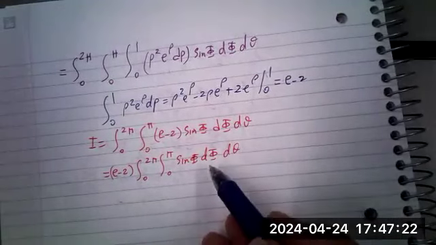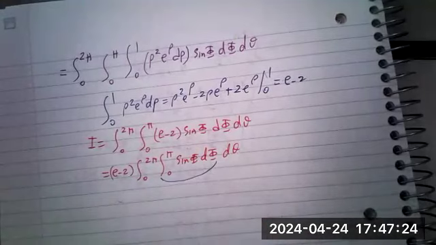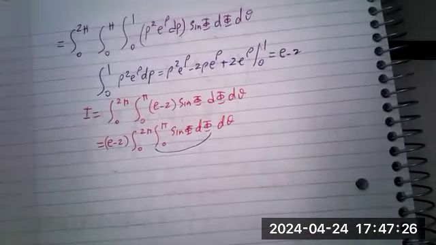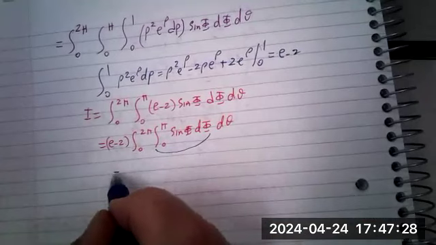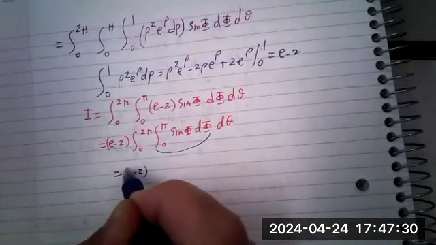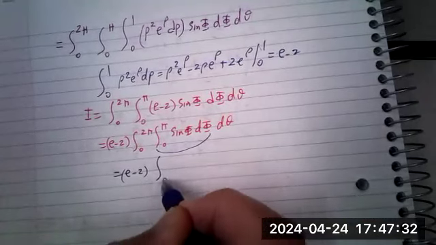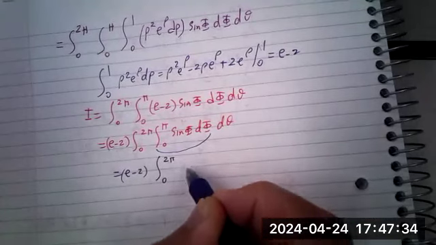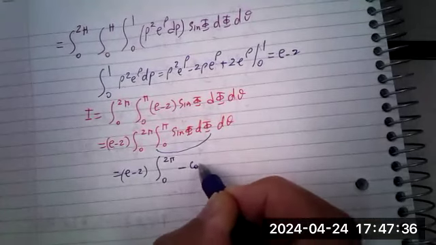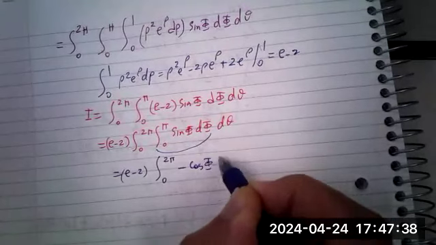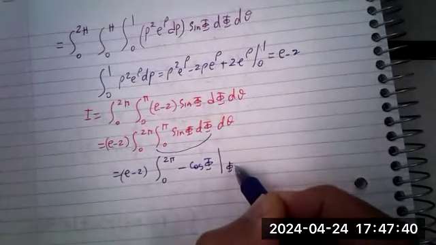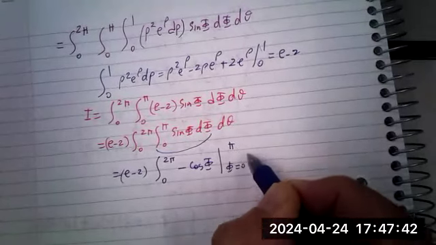Now we take care of this integral. It's very easy. The integral of sine is negative cosine. So e minus 2, 0 to 2 pi, negative cosine of phi going from 0 to pi, and then d theta.